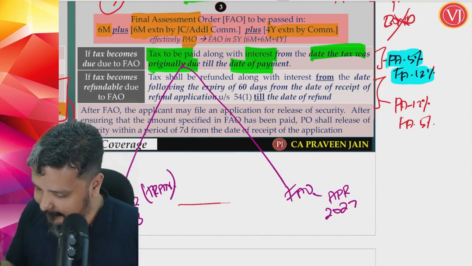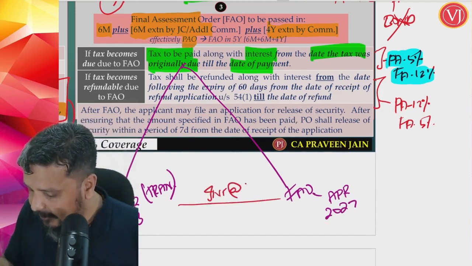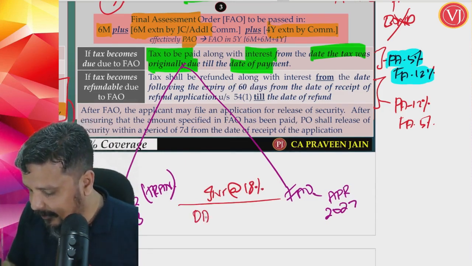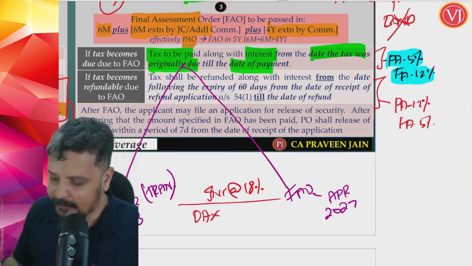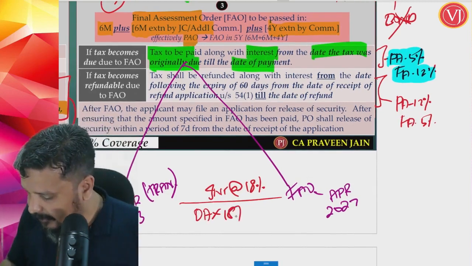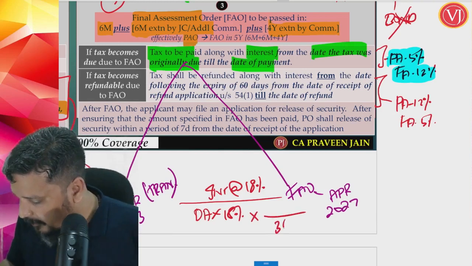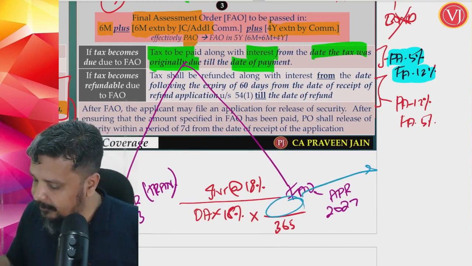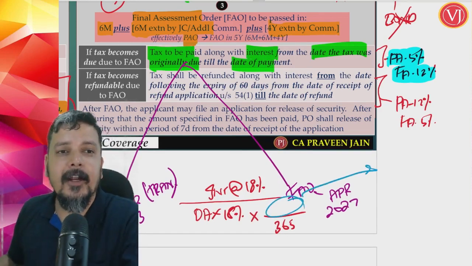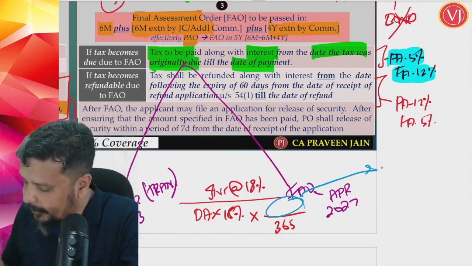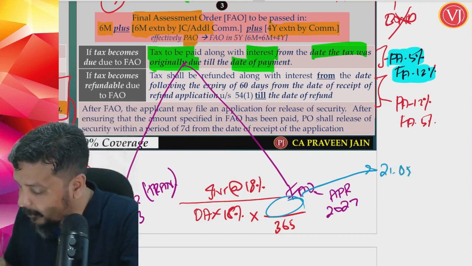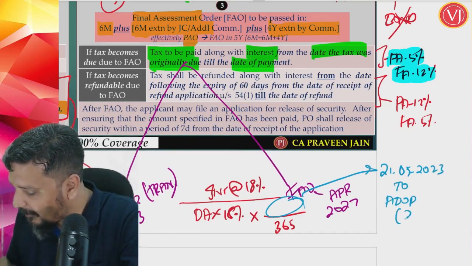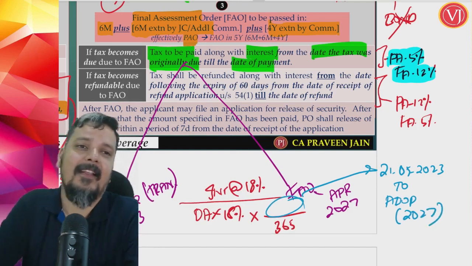You have to pay interest at 18%. That will be on the differential amount. In our example, let us take the 70,000 multiplied by 18% per annum multiplied by the number of days of delay. For the April month, the due date of payment normally is the 21st of May 2023, till the actual date of payment, which will be somewhere in 2027.